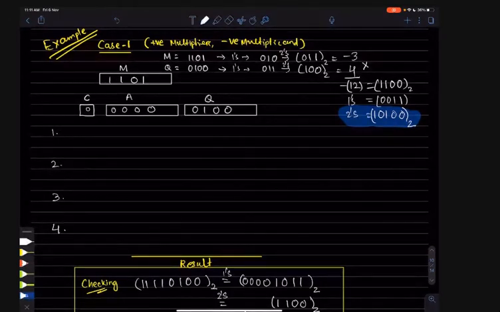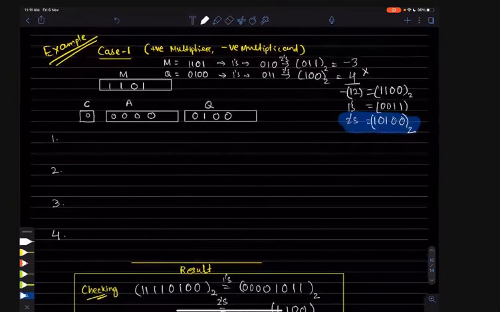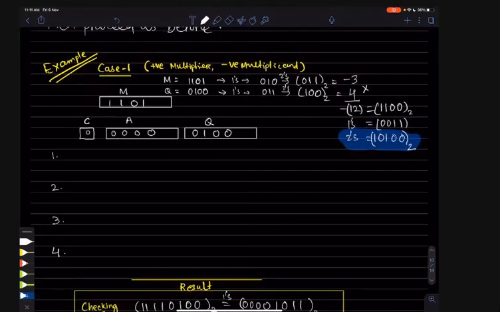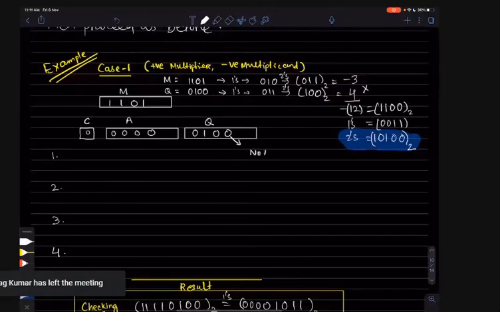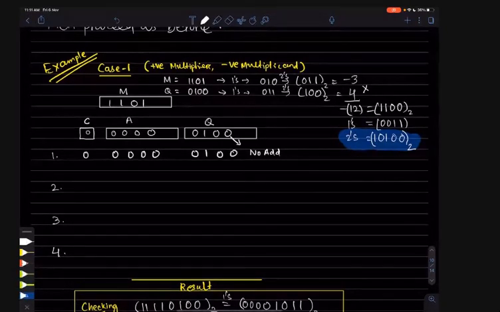So 3 registers are there, C, A, Q, and there is an M register. First, step 1, you have to check the last bit in the Q register. This 0 says that there is no add operation. No add operation means whatever the data is will stay the same, with no change in any register.